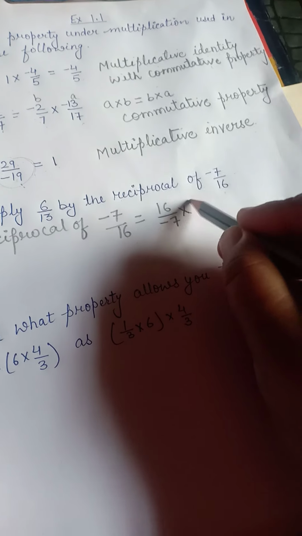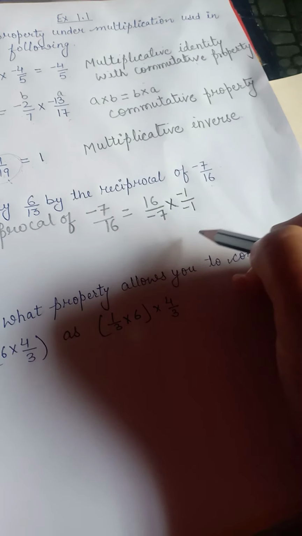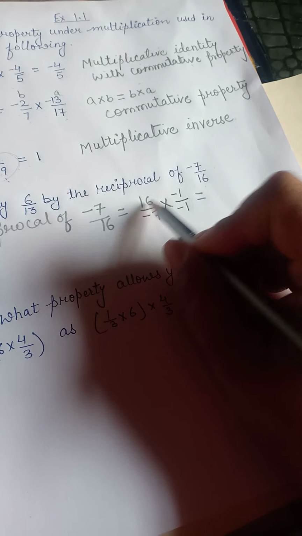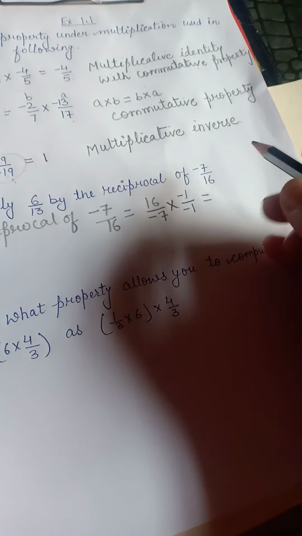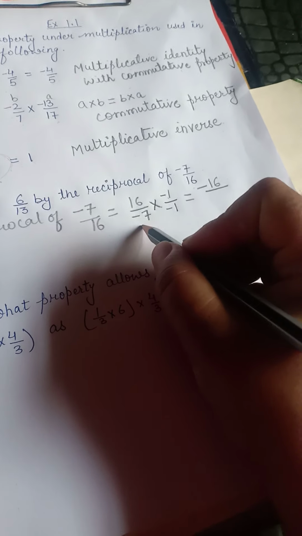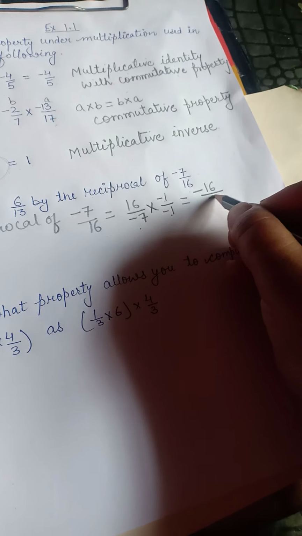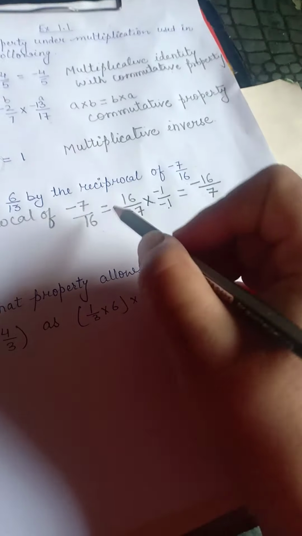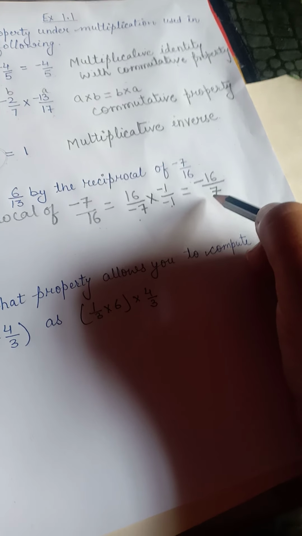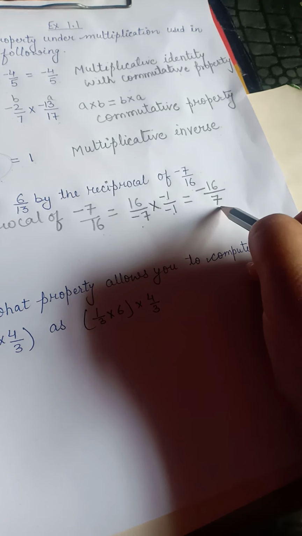We can multiply both numerator and denominator by -1. In this way, when 16 is multiplied with -1 it becomes -16, and when -7 is multiplied with -1 it becomes 7. So at the end, the reciprocal of -7 upon 16 we get as -16 upon 7.